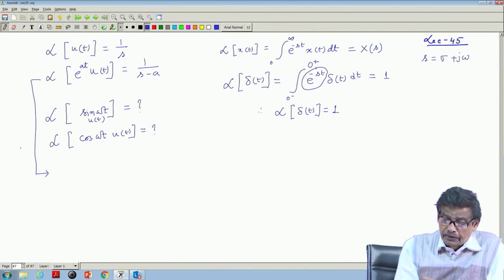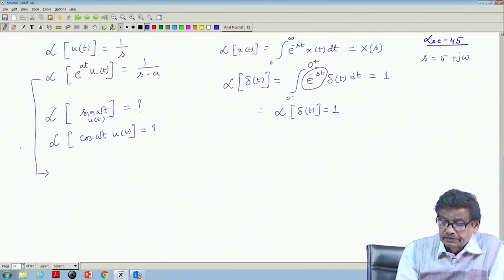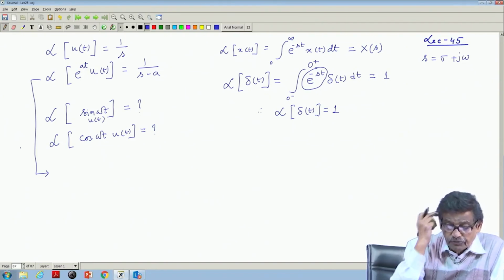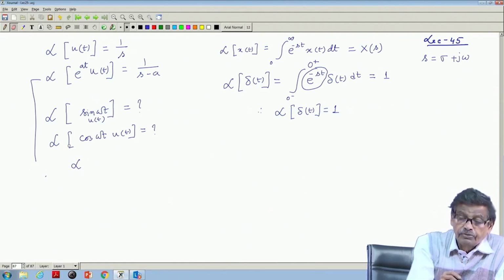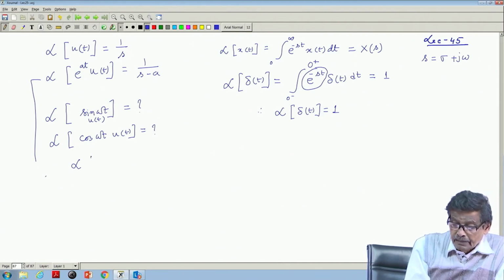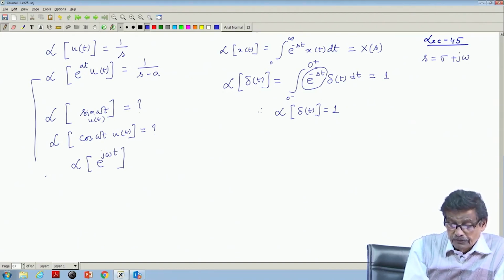Therefore, we will first try to find the Laplace transform of e to the power j omega t. This is the easiest way.